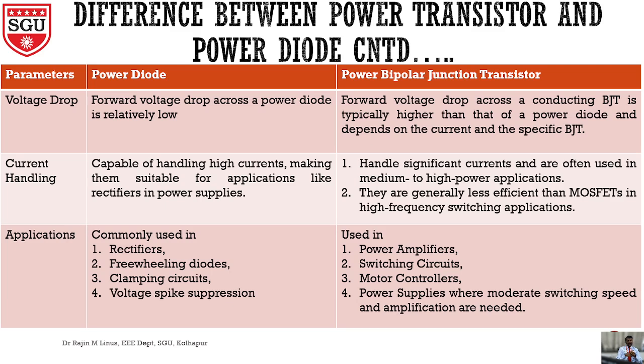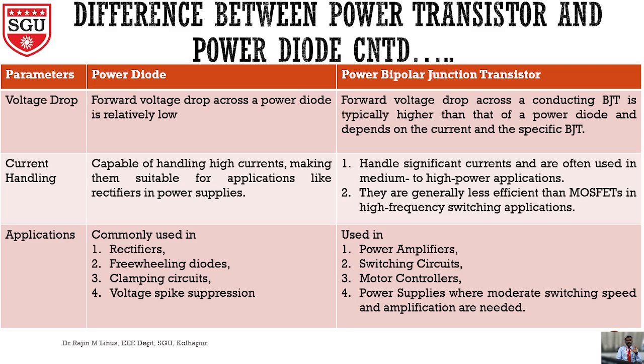However, it depends upon the rating and specification of the bipolar junction transistor. So the power diode forward voltage drop is relatively low when compared with the power bipolar junction transistor, which is relatively high. At the same time, based on the specification, it may vary.